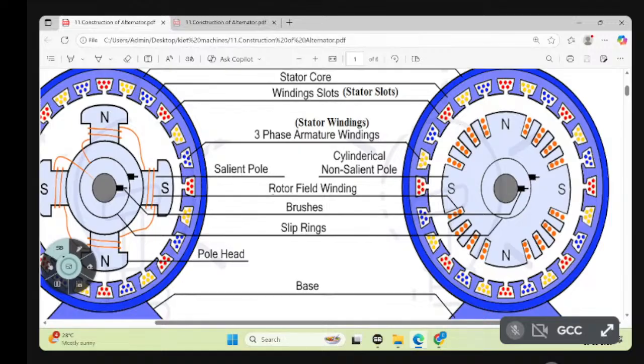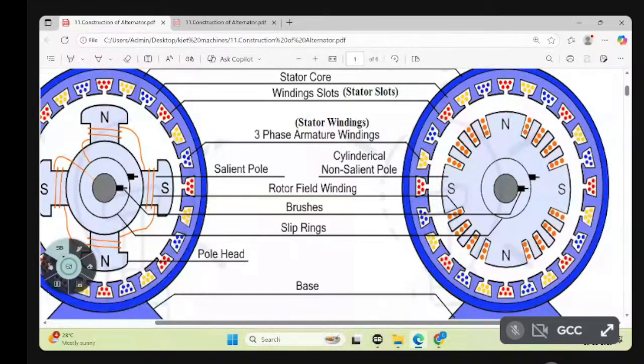Instead of winding like this, how are we winding here? We are winding like this, and here like this. Then this one will act as the north pole, this one will act as the south pole.